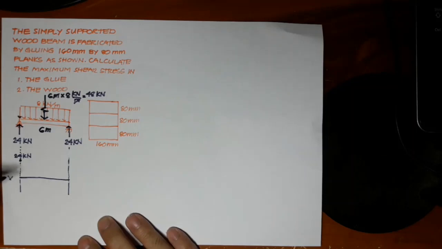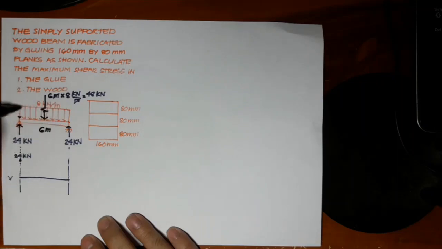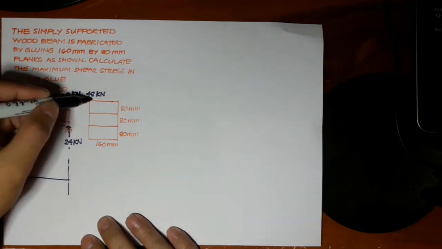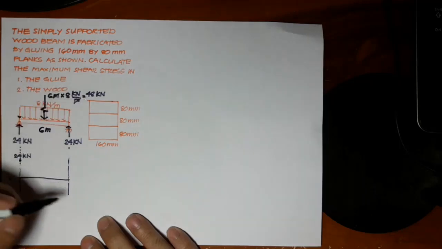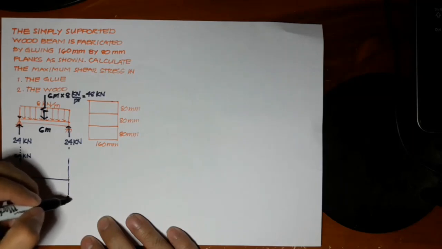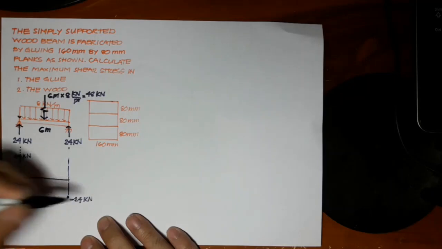Then it goes down by the value of the area of this load diagram. The area of this is 48 kilonewtons, directed downwards, so it's negative. So 24 kilonewtons minus 48 kilonewtons will be negative 24 kilonewtons.